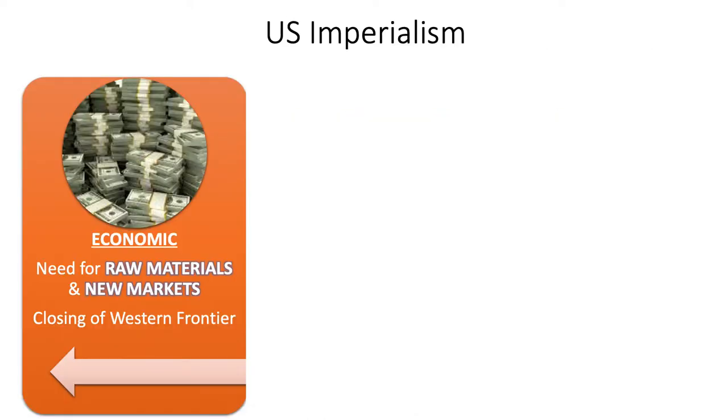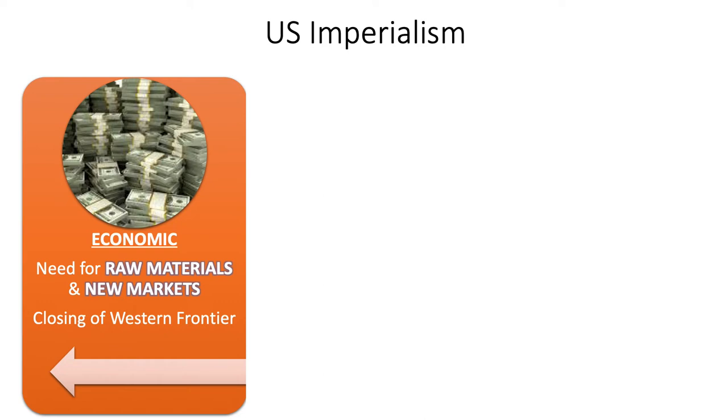First, economic. Why do you imperialize? Because it's going to make you money, all right? And how does it make you money? Well, when you gain control over a weaker nation, you get access to their raw materials. So you can force them to grow certain agricultural crops or what have you, and they are going to be forced to sell that to you for really cheap.